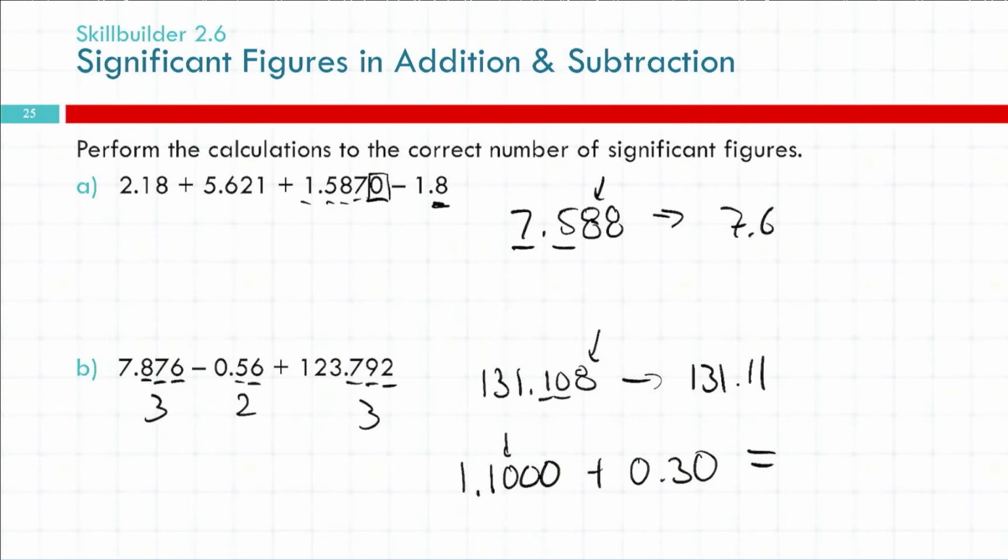Because each of these is a significant decimal place because it is a sig fig. And same for this 0.30, that's also a sig fig. So our smallest number of decimal places in this case would be 2, and so our answer would be 1.40, 2 decimal places. Cool?